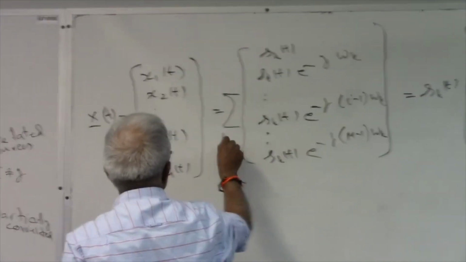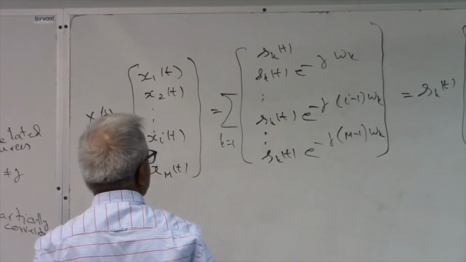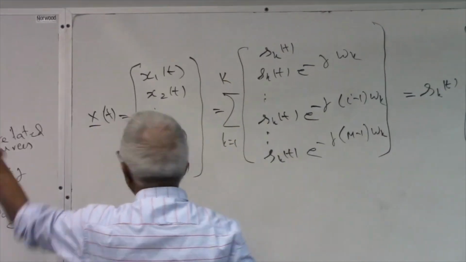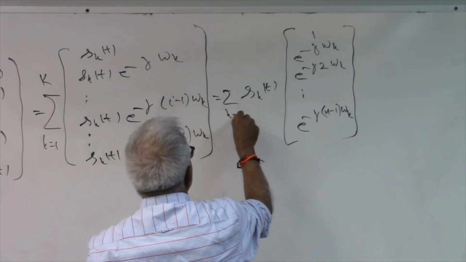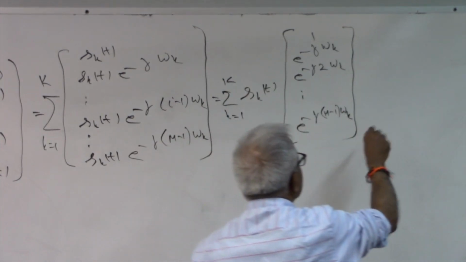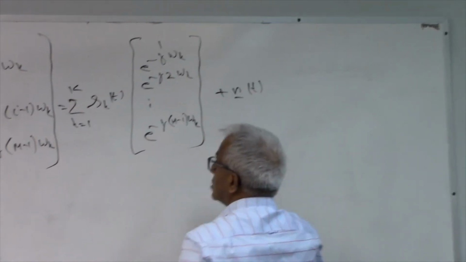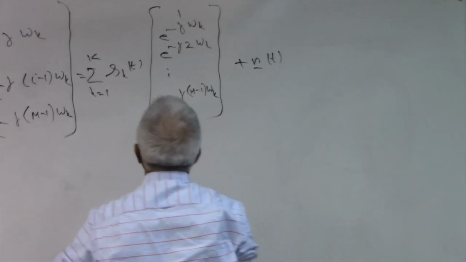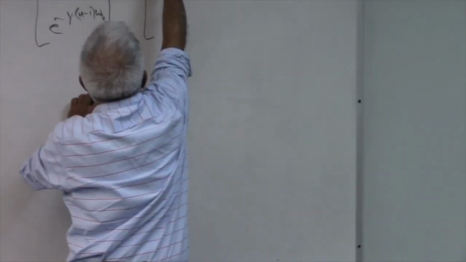And of course if you have k signals, then by superposition you have the summation of the signals from all of them. And then you have n1 of t, n2 of t, etc., noise. Each sensor will have its own noise term.